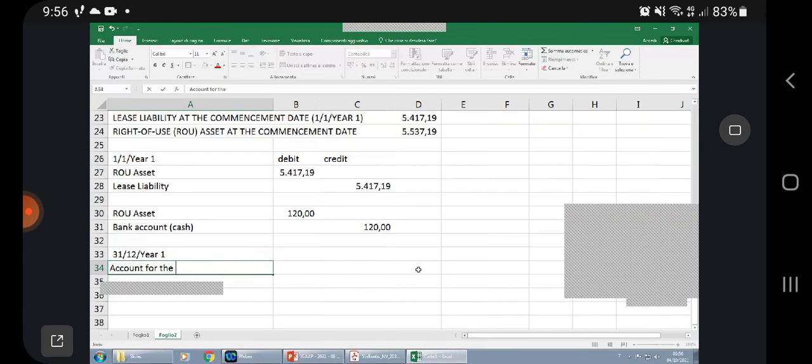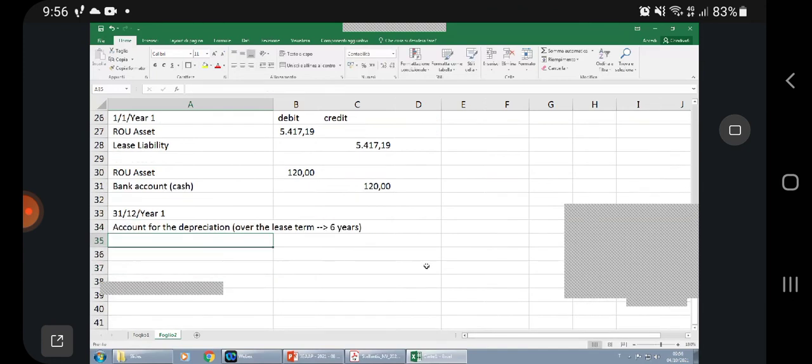And the depreciation is, in this case, over the lease term. That is over 6 years. So we have depreciation of right of use asset in the debit side.